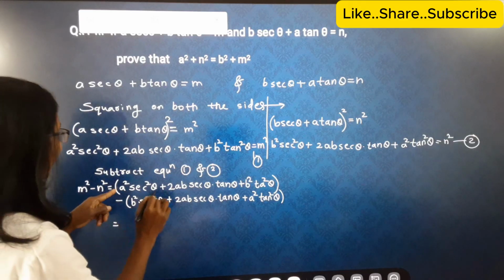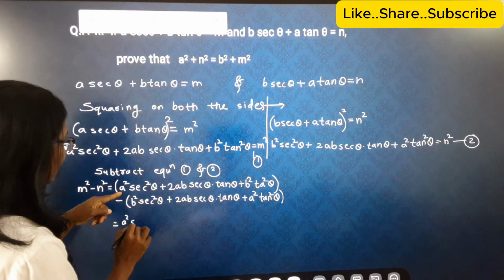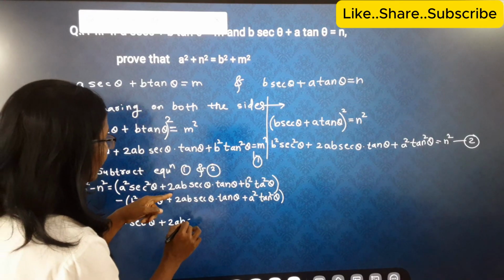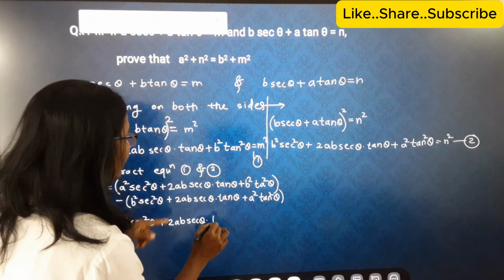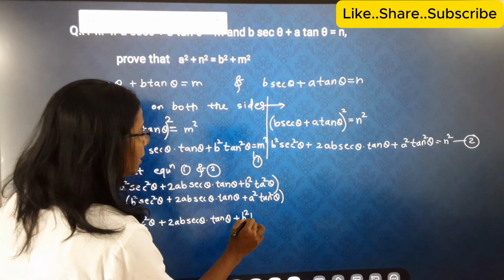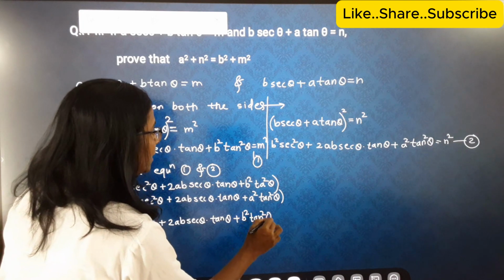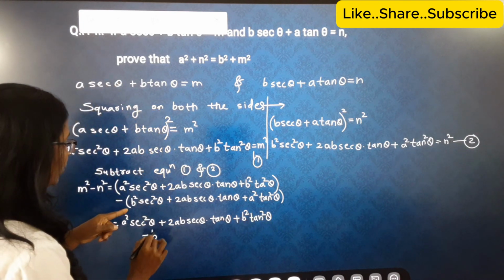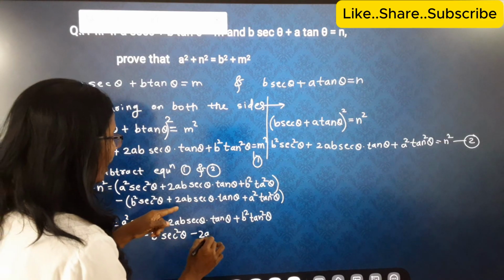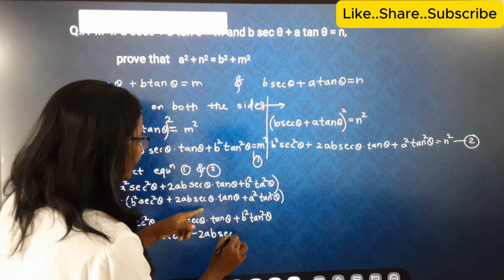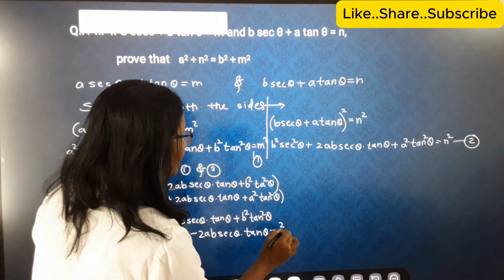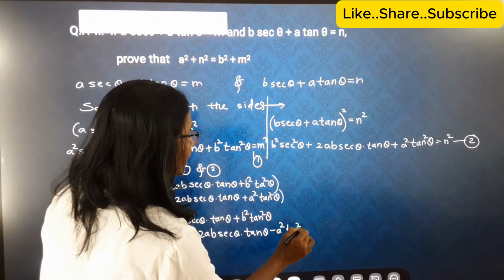So a square sec square theta plus 2ab sec theta tan theta plus b square tan square theta minus b square sec square theta minus 2ab sec theta tan theta minus a square tan square theta.